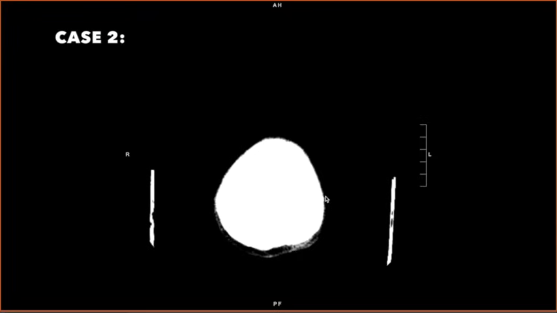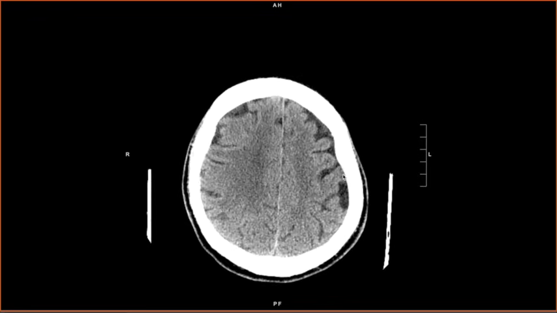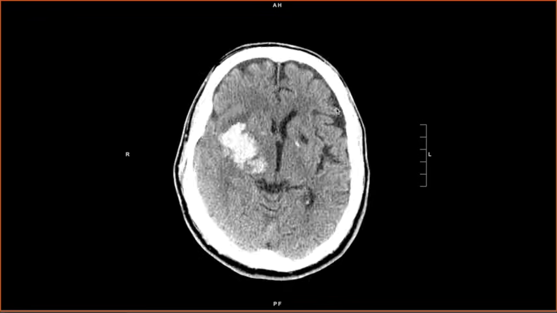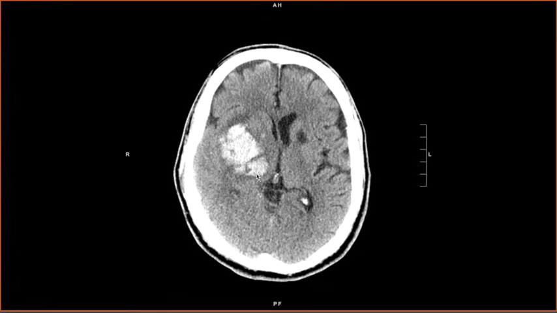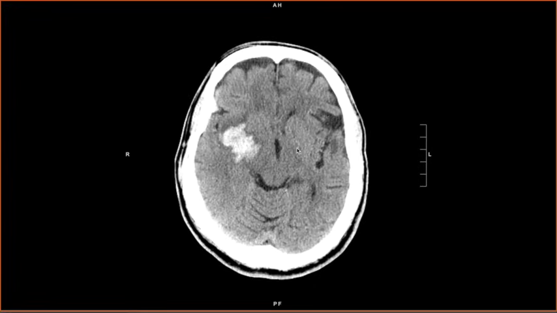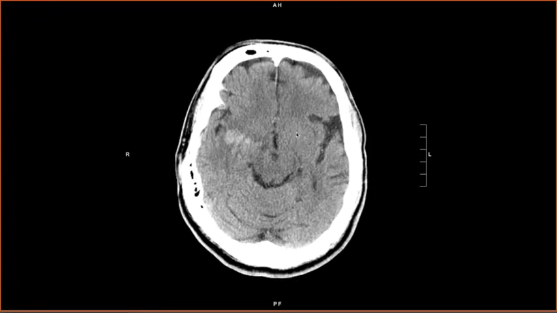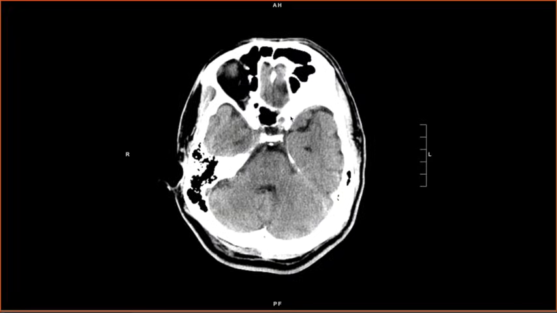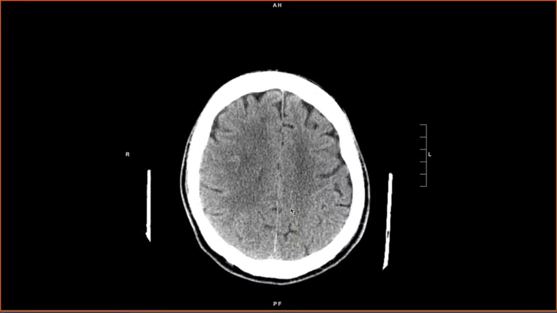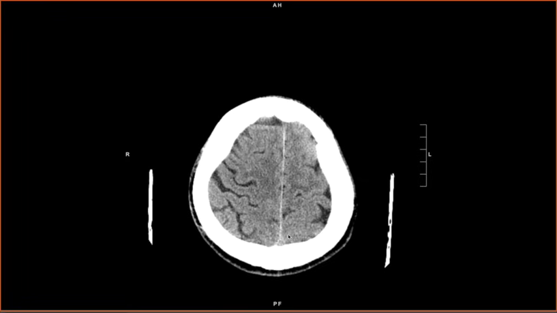Okay, case 2. This patient comes in with a bad headache and some neurologic symptoms. You take a couple scrolls through, so first scroll through, you're just looking for anything big, and wow. There's a big hemorrhage here, centered in the right basal ganglia. And you still want to go through your full approach.